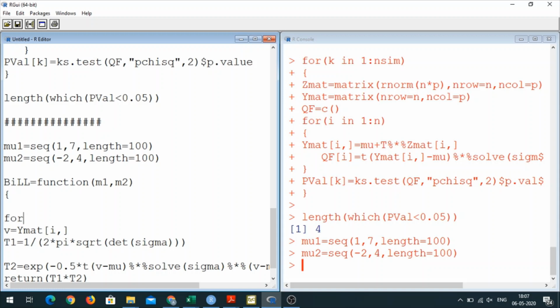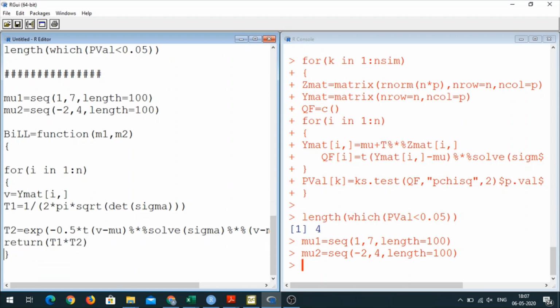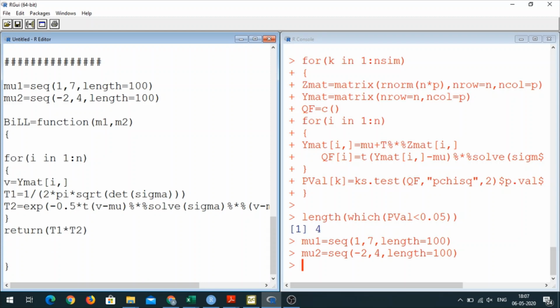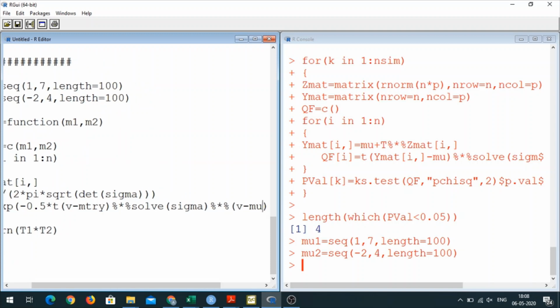Okay, so I have to do this for i in 1 to n, because while computing likelihood I have to compute the PDF for every observation and then take the product. Okay, so this is the first term. Now instead of mu, let me call it m try, not m hat, because it's not an estimate, we are trying different values, m1 comma m2. So I would say m try sigma inverse m try.